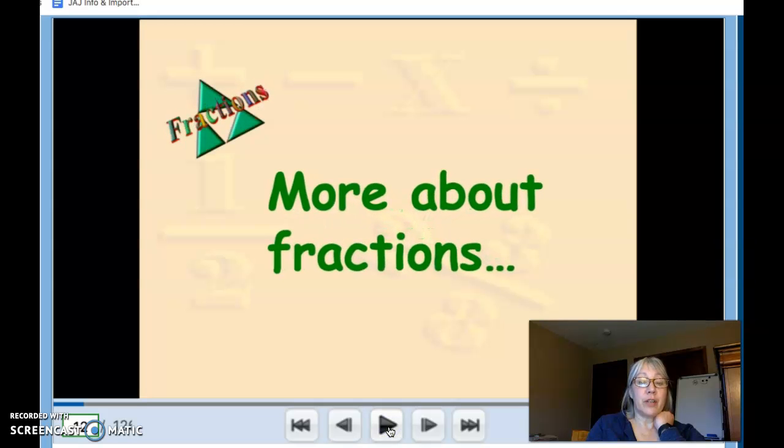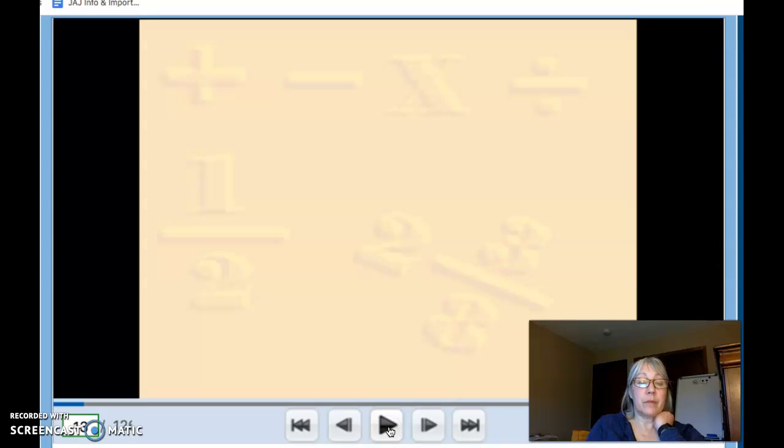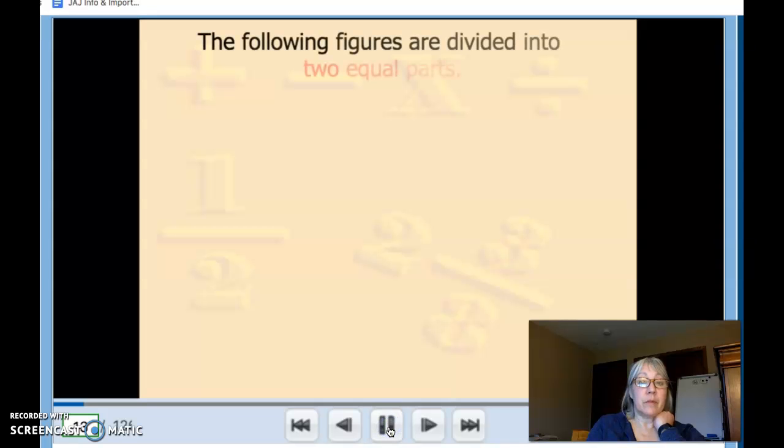Let's think more about fractions. The following figures are divided into two equal parts.